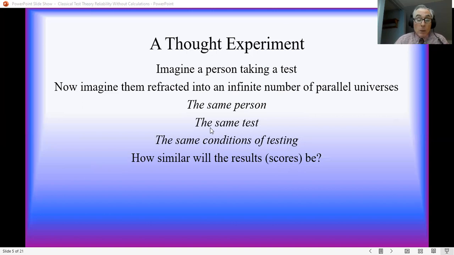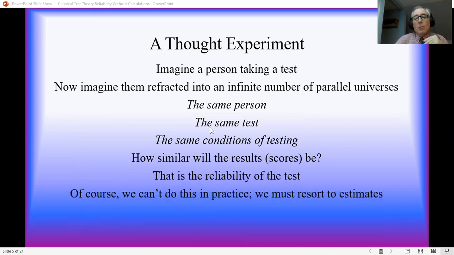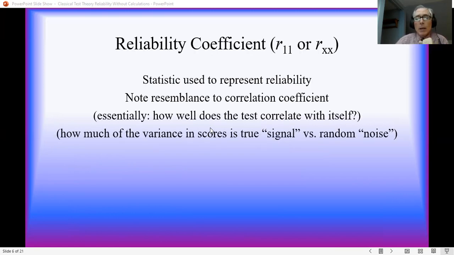That's it. That's reliability. Now, of course, the problem here is that we don't have those mystical, magical powers, and we can't do that. So what we have to come up with are ways of estimating what would happen if we could. And that's where the different types of reliability are going to come into play.